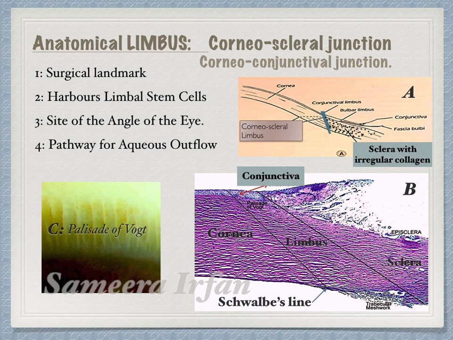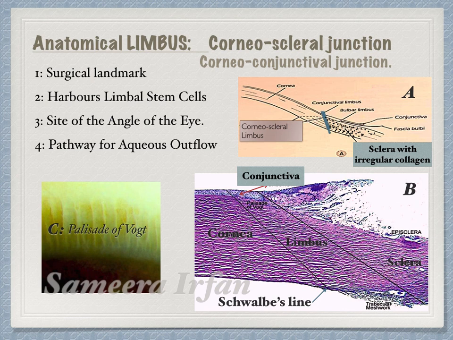The limbal area is not a straight line but an oblique transitional zone because, as shown in figures A as well as B, the conjunctiva continues for about 1 millimeter over the corneal surface. Number two, the Bowman's membrane of the cornea ends early, while the Descemet's membrane continues backwards for about 1 millimeter before ending at the Schwalbe's line.